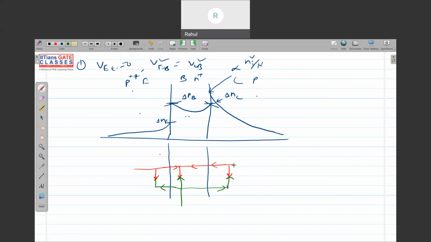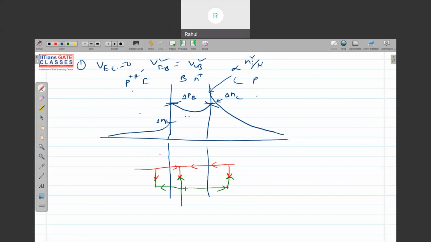Right. So let me summarize again. Here the electrons will be injected into the base and will recombine with the holes that are supplied from the contact. Again, the holes will be injected from emitter to base, and some of them will be recombined with the base electrons.